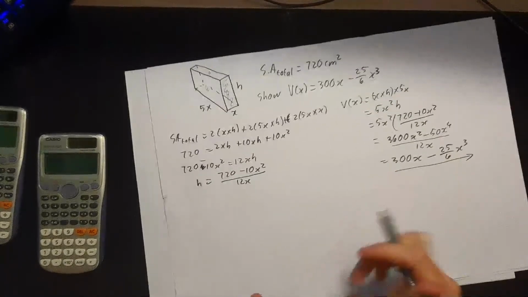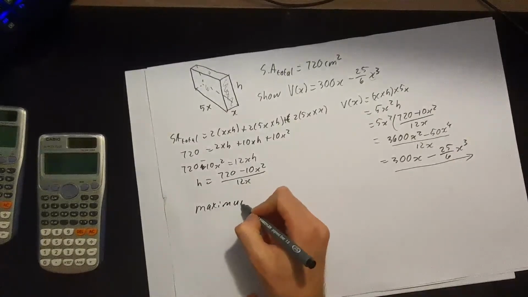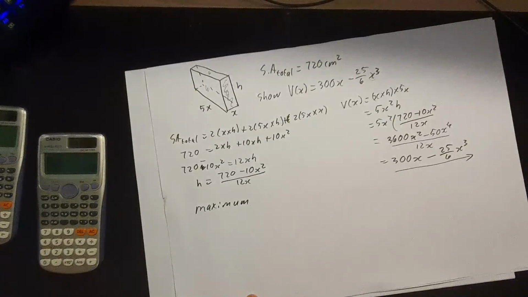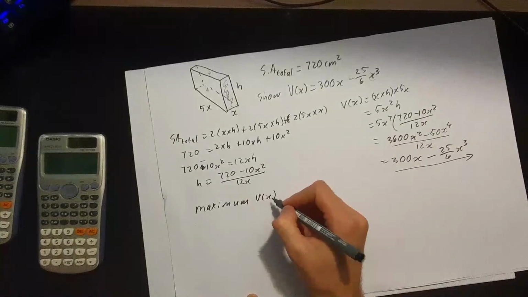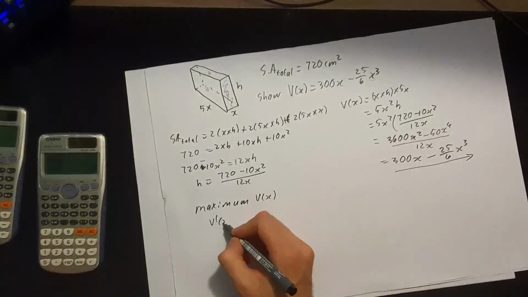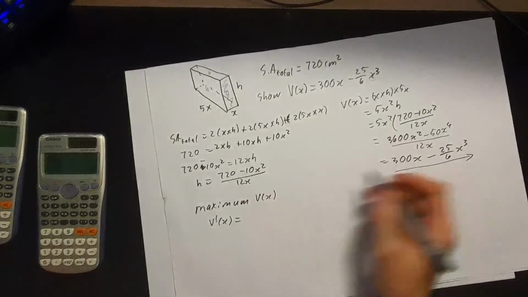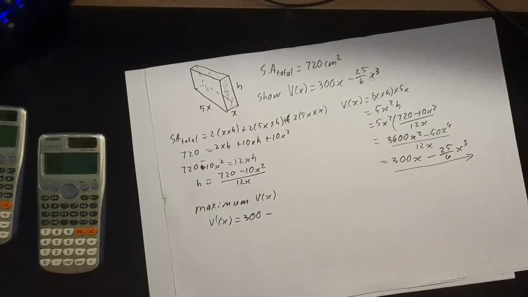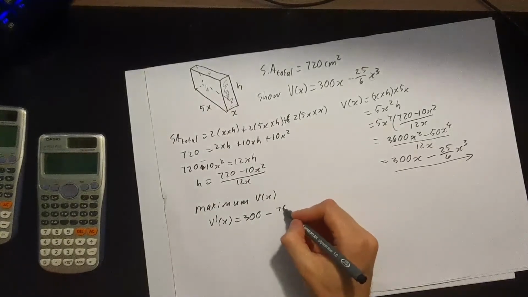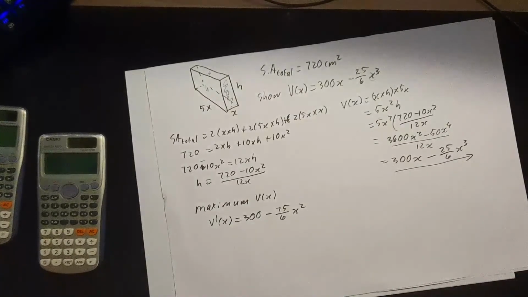Let's have a look. If we want to find the maximum volume, we have to find v prime of x. v prime of x is just going to be 300 minus 3 times 25, which is 75 over 6, x squared. Now we set that equal to 0.